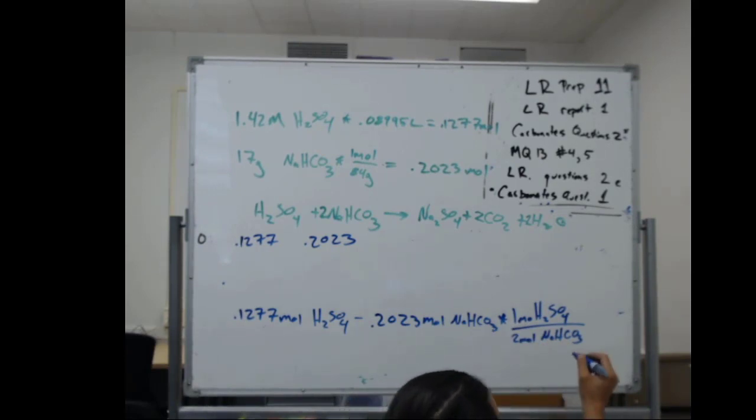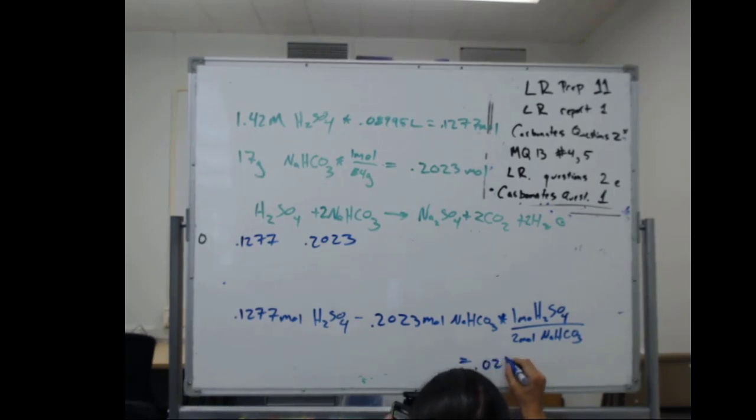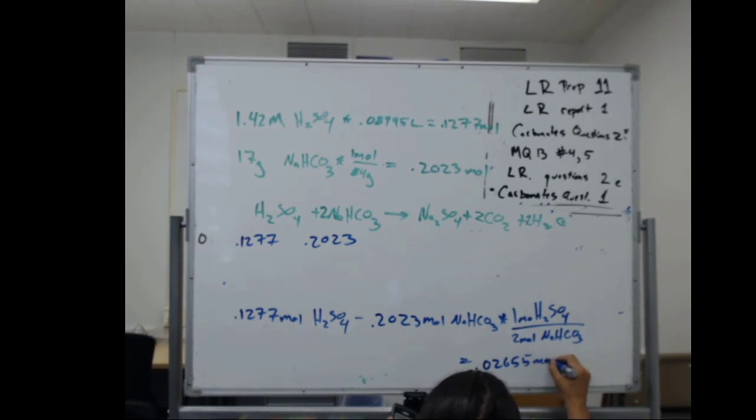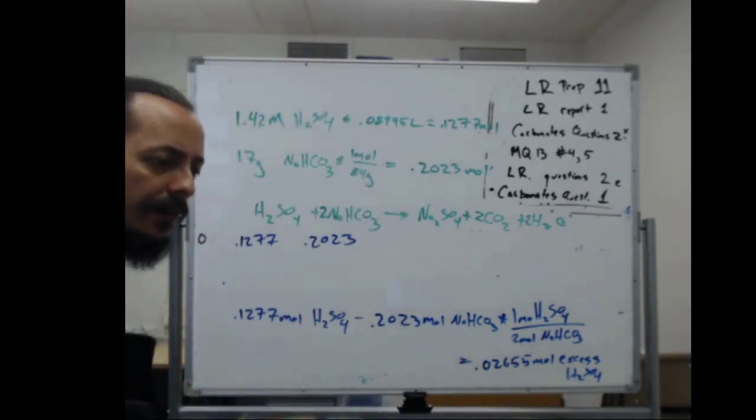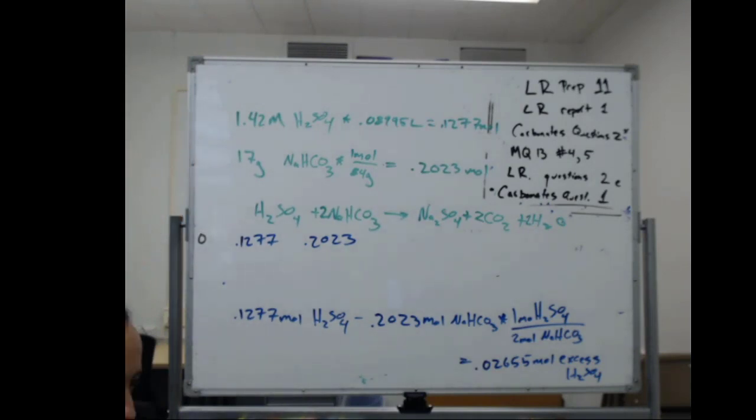When I do this, I'm going to get my amount of excess sulfuric acid: 0.1277 minus 0.2023 divided by 2 gives 0.02655 moles excess sulfuric acid. So the first answer is no, this is not enough carbonate to clean up the sulfuric acid.